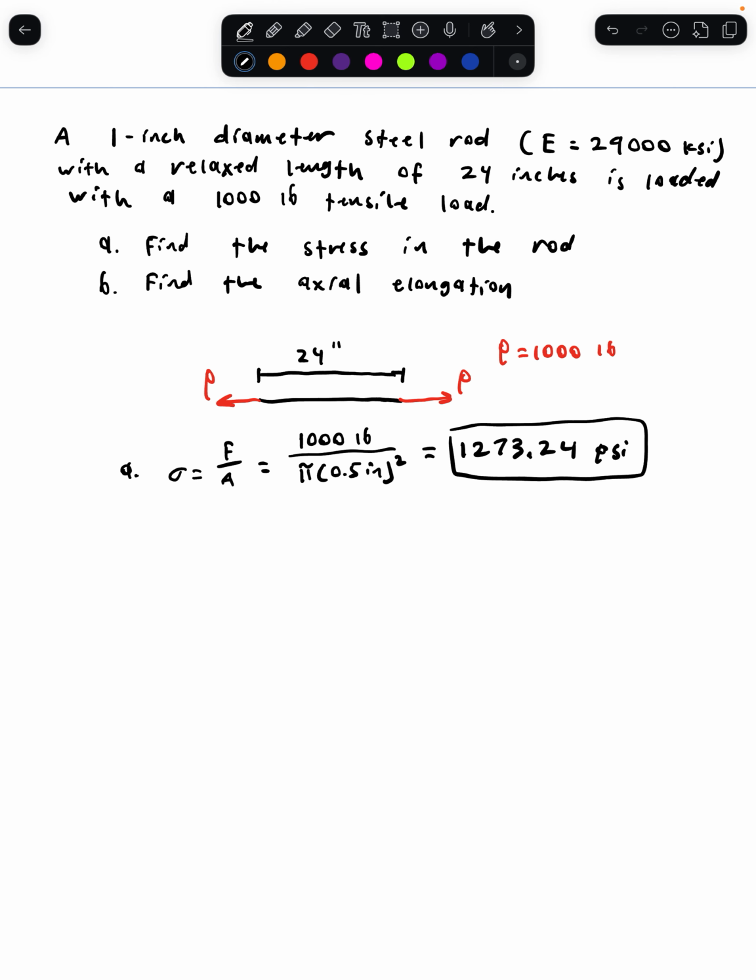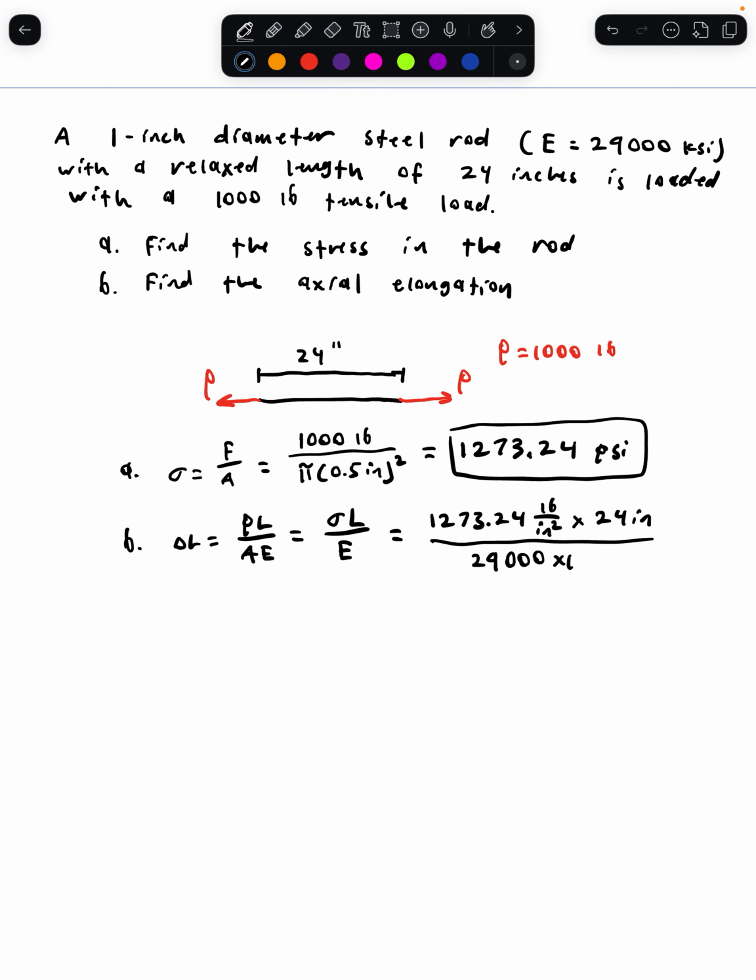Now to find the actual elongation, I'm going to use that PLAE equation from before. So delta L equals PL over AE. I'm going to rewrite this P over A as stress. So sigma, the stress, times L over E equals 1,273.24 pounds per square inch times the original length of 24 inches divided by the Young's modulus, which is 29,000 times 10 to the 3 pounds per square inch.